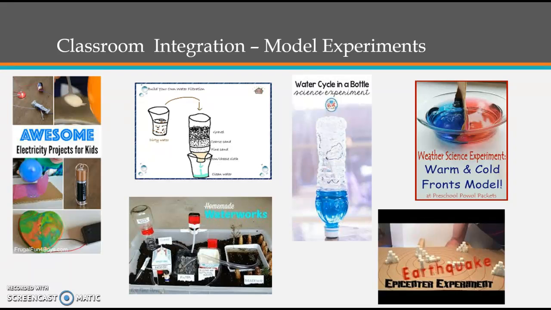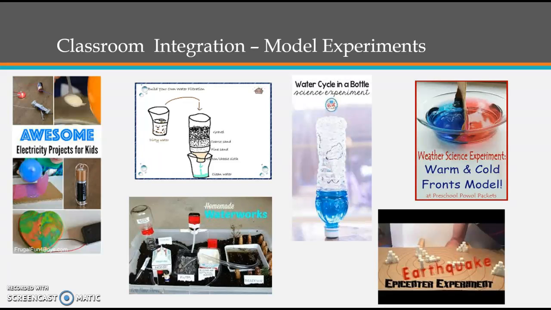So obviously the classroom integration when we look at model experiments, there's so many different options and I'm sure we all have even more. These were just a few that I thought would be some great ones to put out. Any type of model experiment, when you look at weather conditions or natural disasters, we can create a ton of model experiments to see what happens and see the ultimate effect of certain things.